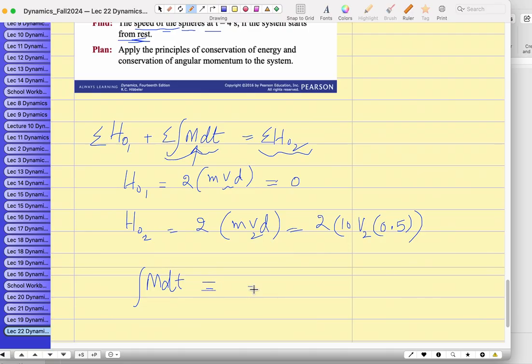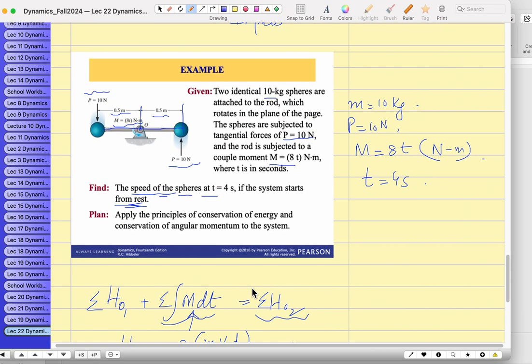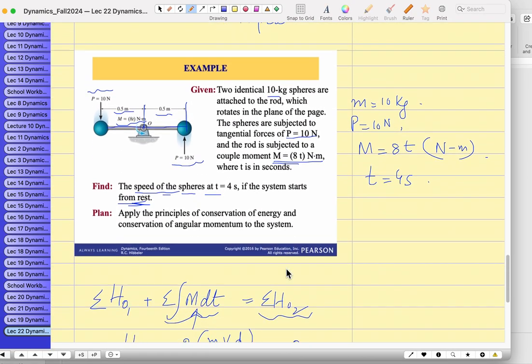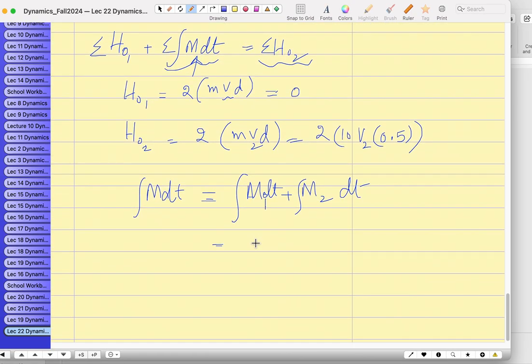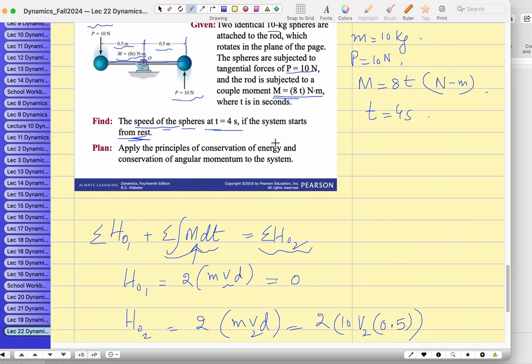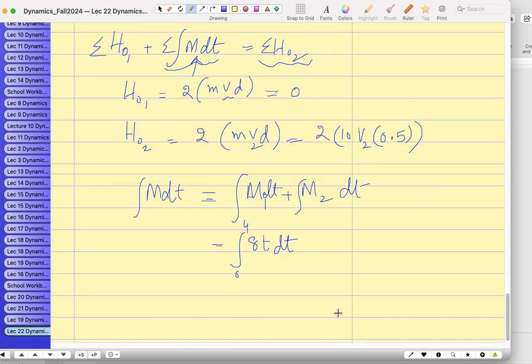Here you have to see there is a motor torque A times T. So I'm going to use M1 and M2. The motor torque is M1, A times T. Can I write it as A times T dt, going from 0 seconds to 4 seconds? That is our objective: to find the velocity up until 4 seconds.